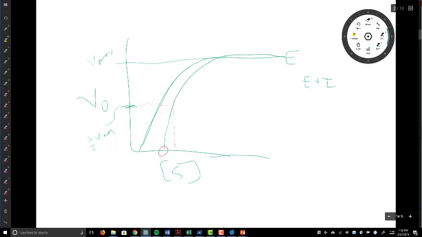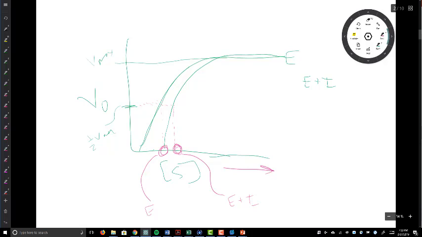So remind us again, what is Km? The Km is the concentration of substrate at which we reach half of Vmax. Extrapolating down to substrate concentration, which of these has a larger substrate concentration on the x-axis at half Vmax? Yes, the one with inhibitor.